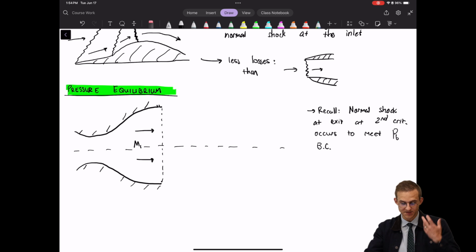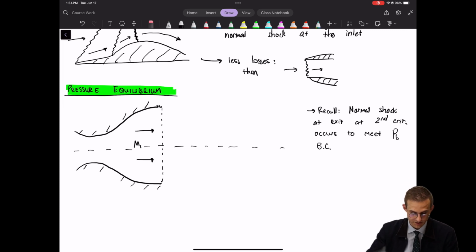Okay, so the shock's causing this abrupt increase in pressure to meet that boundary condition.